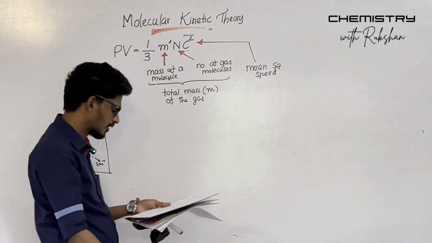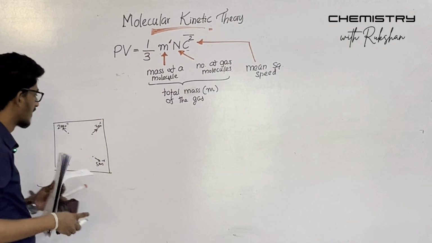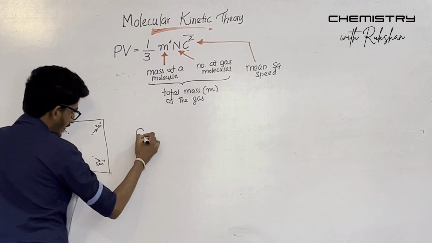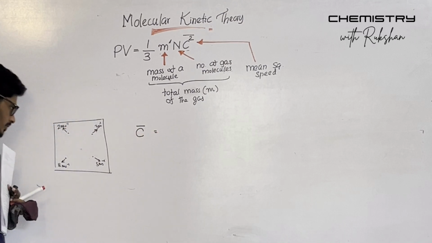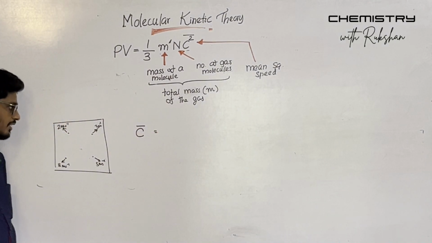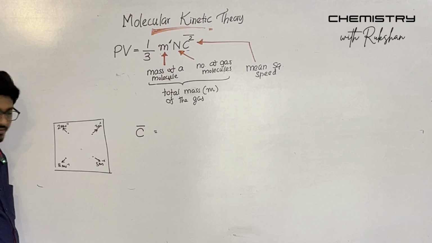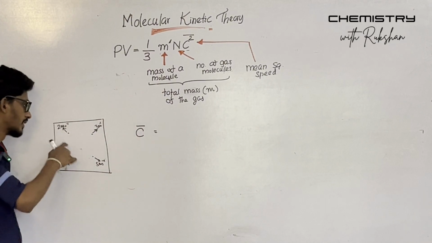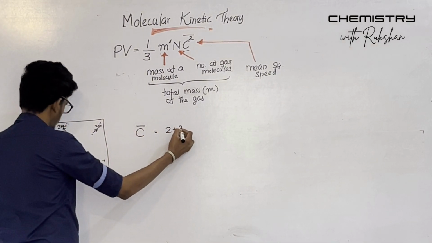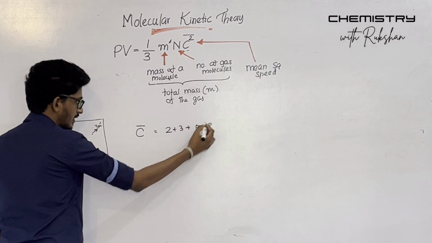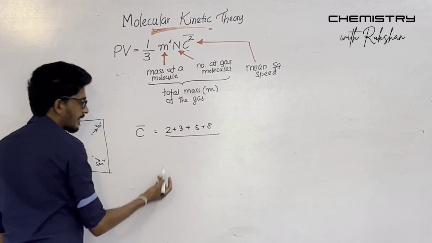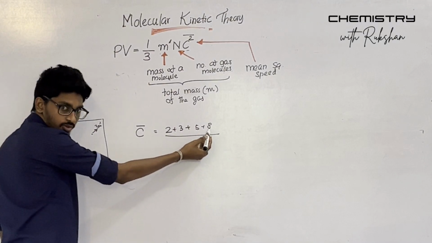The first speed discussed is the average speed, right? What does this average speed mean? It's what you know about the average, right? How to get an average from a number of entities: first, just add the numbers, and then divide by the number of entities you used. So you have to add 2 plus 3 plus 5 plus 8, divided by the number of entities, 1, 2, 3, 4.